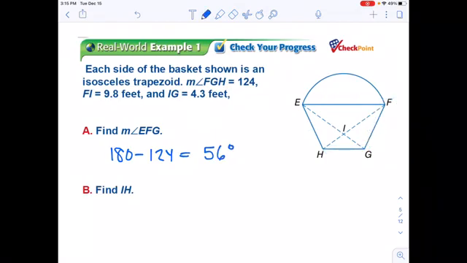We know that FI is 9.8. We know that IG is 4.3. Now, we are trying to find this thing. So you can just go ahead and say that IH is also 4.3 feet because IG is 4.3 feet.